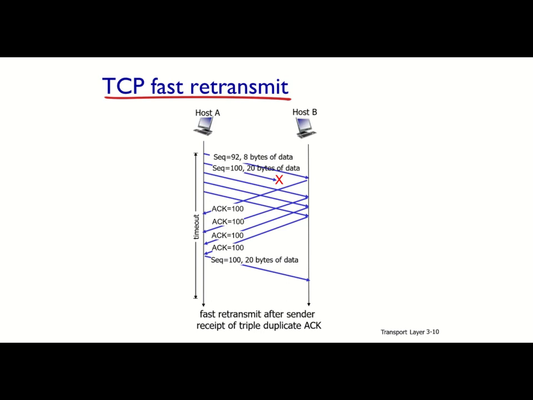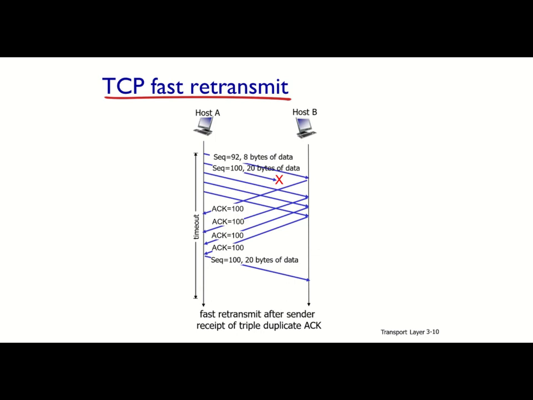It doesn't matter how many of them it receives, it again asks for acknowledgement 100. Why? Because 100 is the smallest sequence number of the byte that host B has not yet received. Therefore, it keeps sending the acknowledgement 100 to host A.